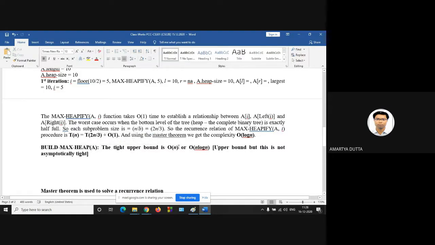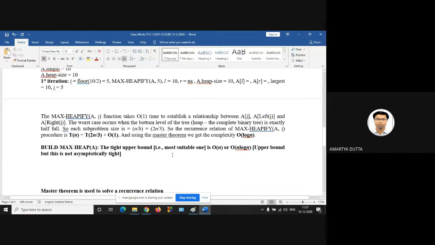Its most suitable one is order of n, so it is the asymptotically tight bound. That is the asymptotically tight bound. Okay, that is most suitable.